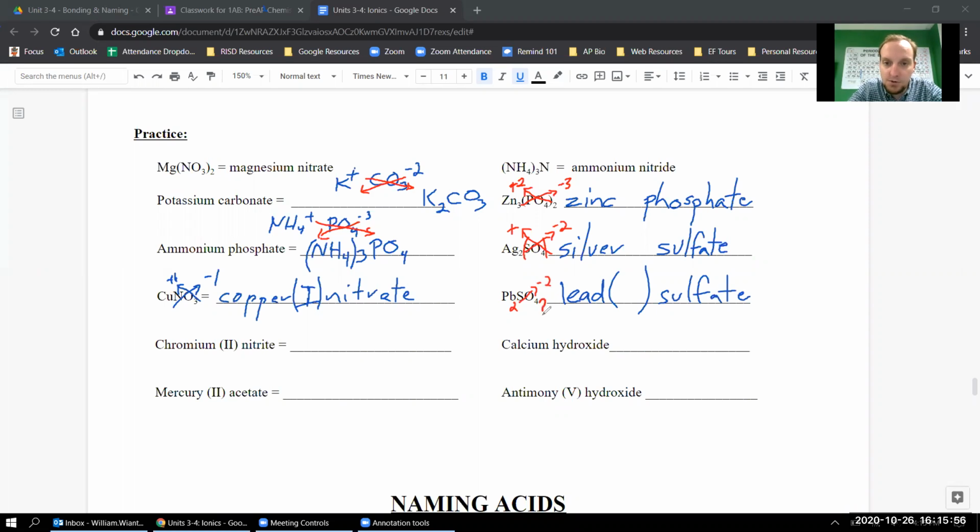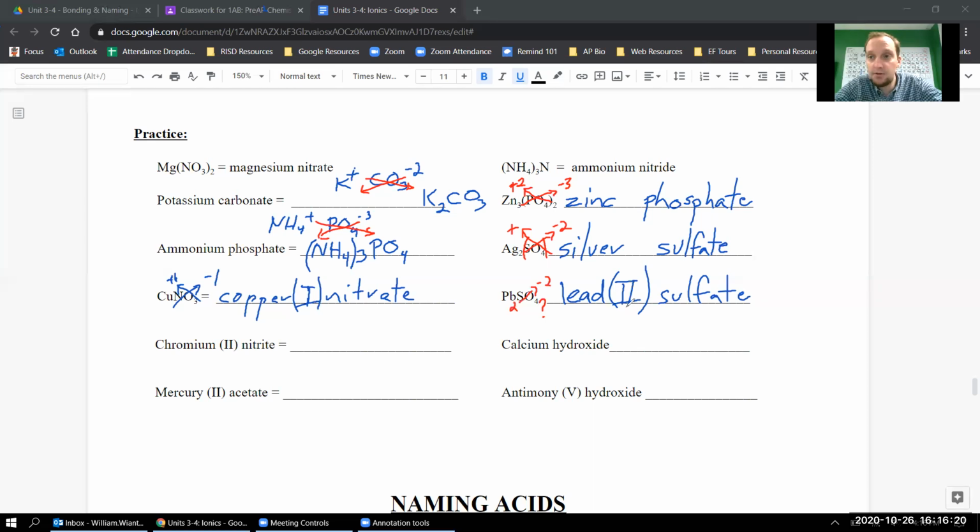So the fact that I don't see anything there tells me that it must have been reduced, and the charge of lead in this particular compound is a 2. Because if the sulfate is a -2, and there are no numbers at the bottom, then they must be equal to each other. Therefore, using reasoning, the lead must have also been a charge of 2. So lead 2 sulfate is just PbSO4.